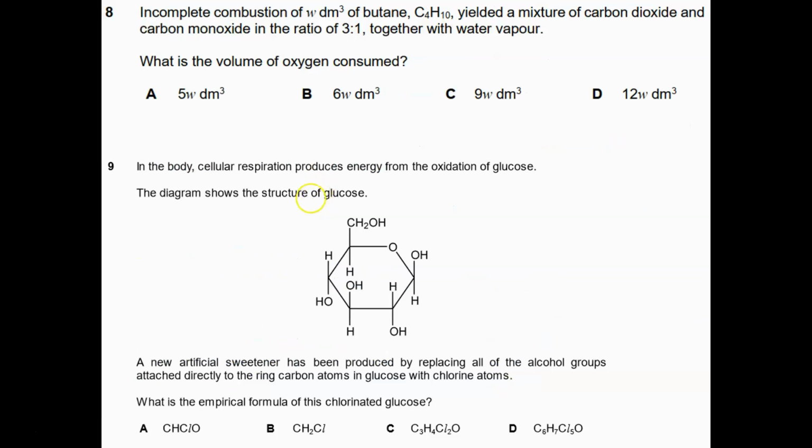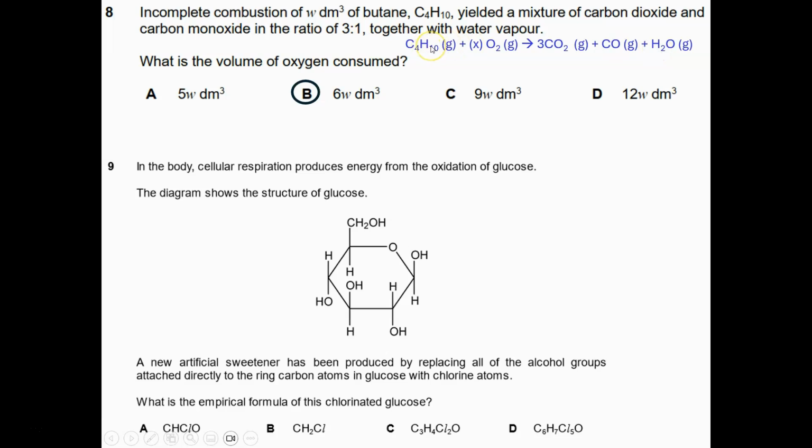Question 8, we have W dm cube of butane. When burnt, it used this mixture of compounds. So what we're going to do is write an equation that captures this information. The answer here is B, 6W. So this is the equation that we're going to write: butane, C4H10, plus X moles of oxygen gives these products. The first thing is to balance the H on both sides.